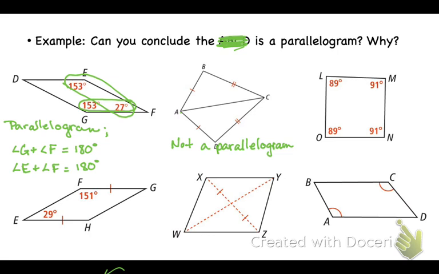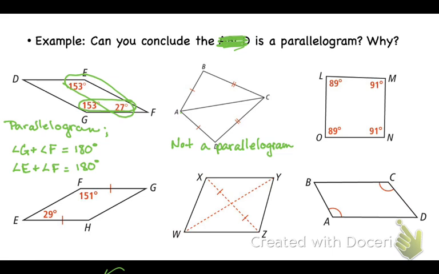Okay. Now, if it asks you what needs to be true, then you can answer it. But what do you think about this one? LMNO. Noah, what do you think? Parallelogram? No? Why? Well, when we're talking angles, the only thing we know is opposite angles are congruent, right? And consecutive or adjacent angles are what?